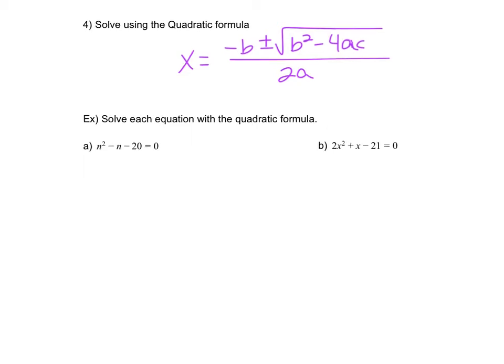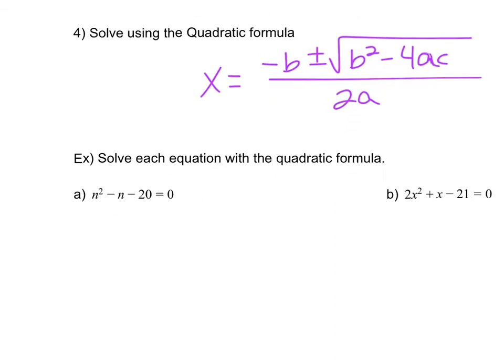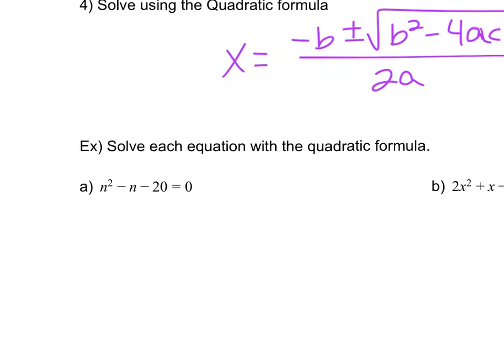So let's solve one. First, we need to find the discriminant. First we know the a is 1. I won't do this on all of them, but I'll just do it on this one. The b is negative 1, and the c is negative 20. So find your discriminant first. Remember, the discriminant is b squared minus 4ac, and that'll tell you how many solutions there are.